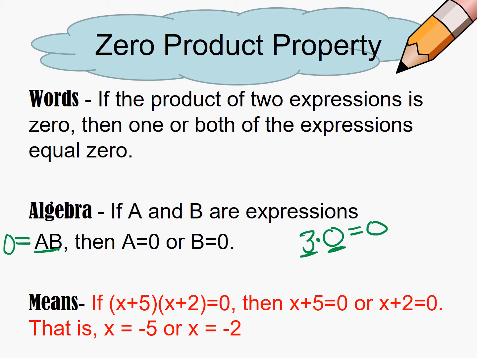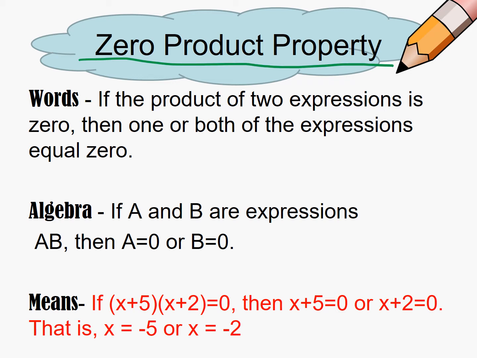All the zero product property is trying to say is that if you have something times something equal to 0, one of those somethings had to be 0. So if we have something like x plus 5 times x plus 2 is equal to 0, then we can say that x plus 5 is equal to 0 or x plus 2 is equal to 0.